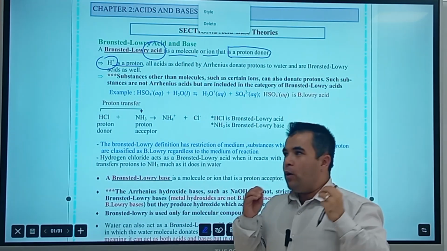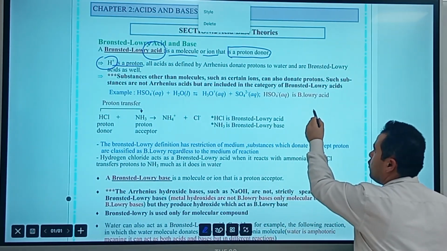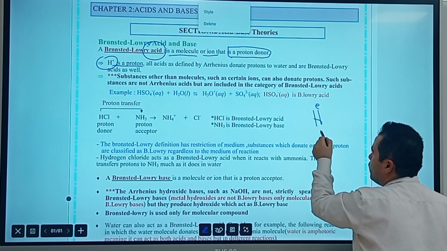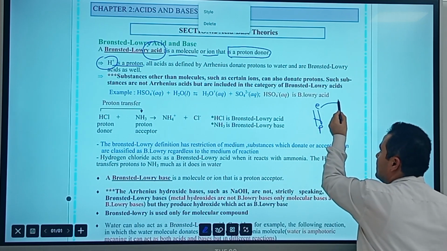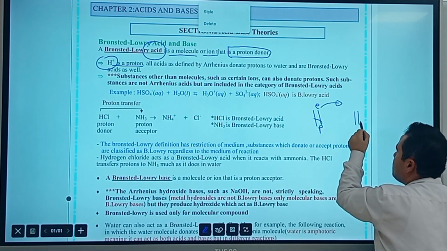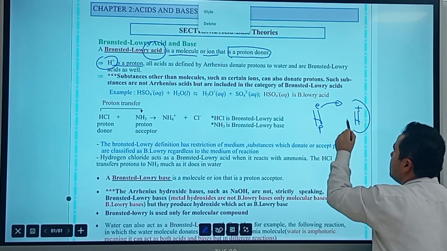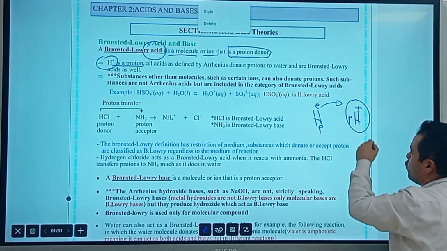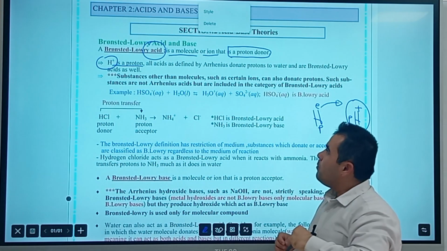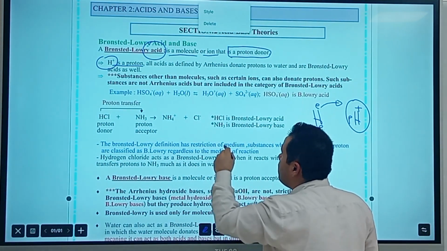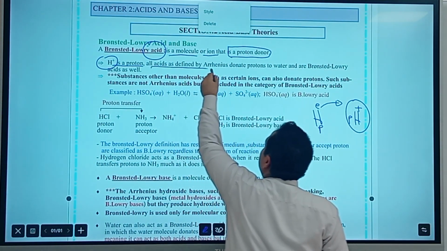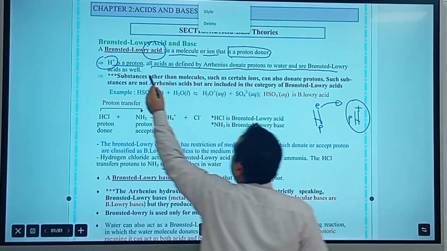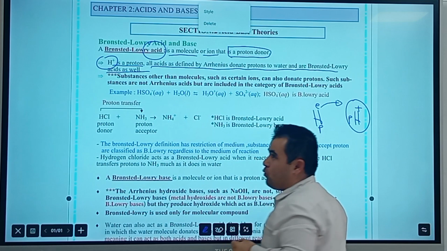Why? Because whenever the hydrogen, which has an electron with a proton, loses the electron, it will be H positive. And then it will be without electrons, and we will call it a proton because it consists of a proton only. All acids, as defined by Arrhenius, donate protons to water and are Bronsted-Lowry acids as well.